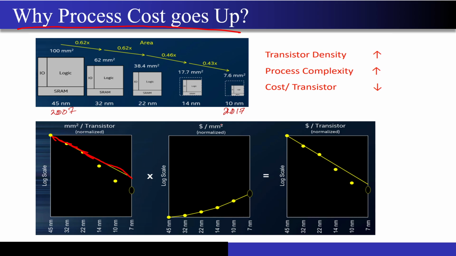But on the other side, the dollars required to fabricate a given amount of area, as I bring my technology node from 45 nanometer to 7 nanometer, is increasing exponentially. Correct? So if you multiply both these curves, you will get a curve which tells you that the dollars per transistor are still decreasing.